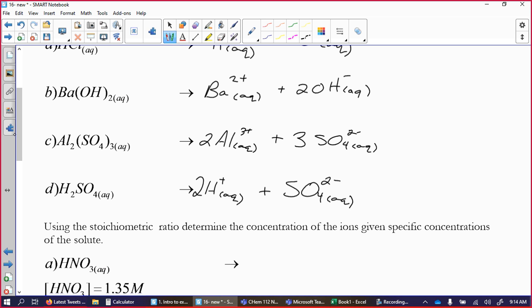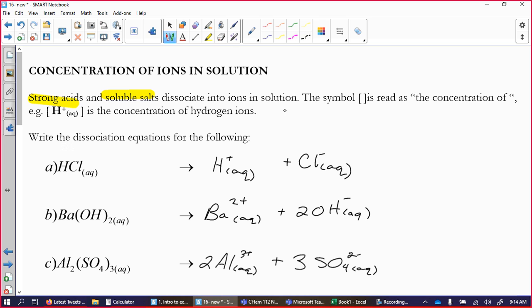So dissociation equations, we've talked about them for a while. We use in chemistry these square brackets to represent concentration, so we don't have to write different things out. If I'm talking about the concentration of the H plus ion, I write it in square brackets.